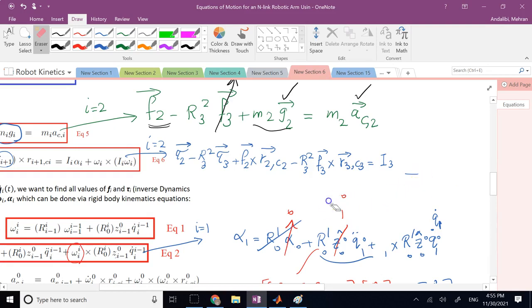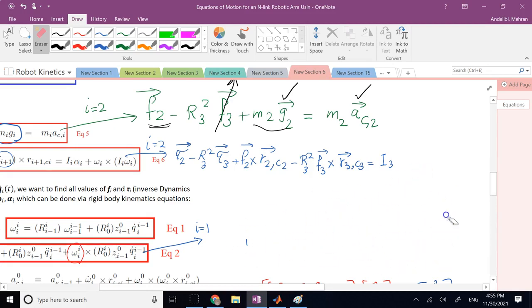Let me clean up in front of this area. And then plus omega 2 cross I2 omega 2. And alpha 2 and omega 2 are already calculated for me. So I have them.